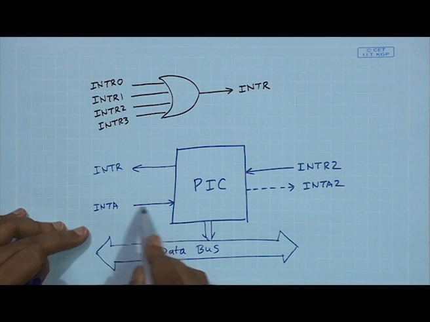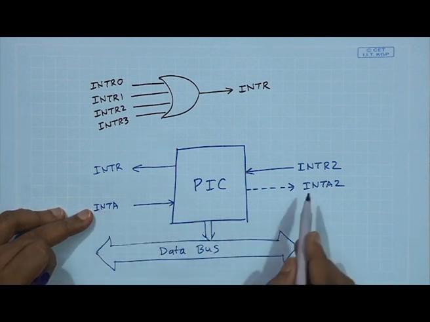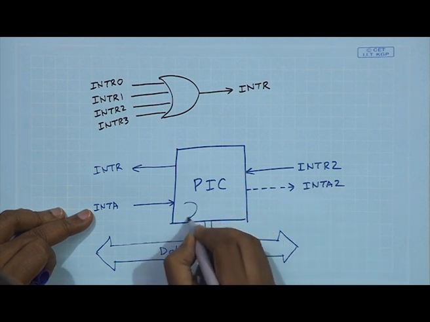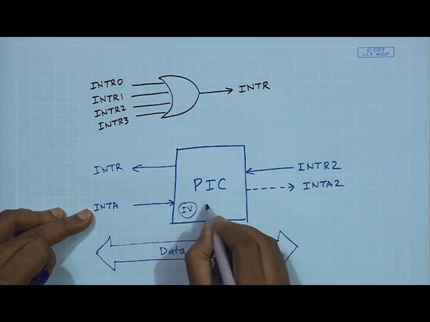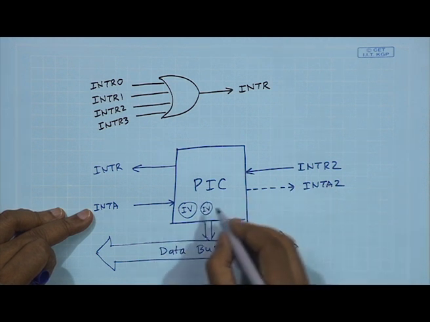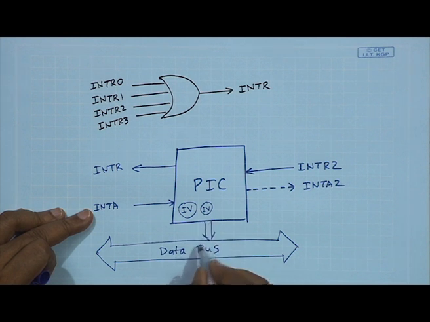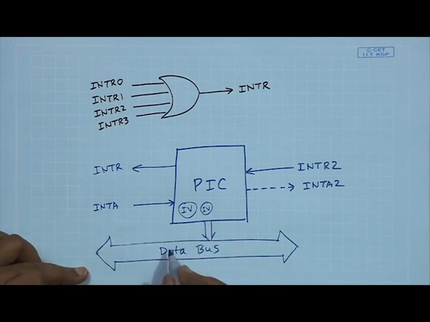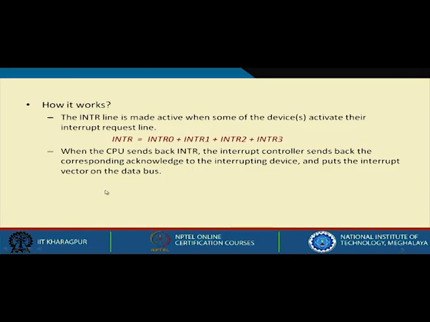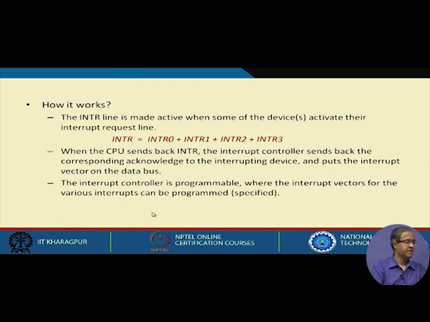So, whenever this interrupt acknowledge is sent by the CPU, the corresponding interrupt vector, because the PIC also stores the different values of the interrupt vector for all the devices, will be pushed on the data bus, so that the CPU can read the value and know which of the 4 devices had actually interrupted, right, fine.